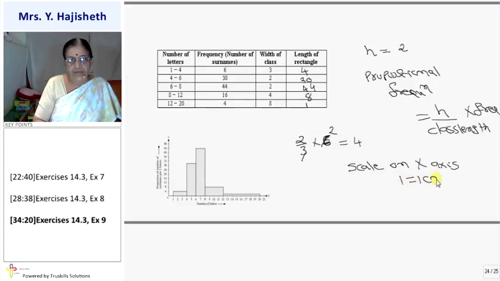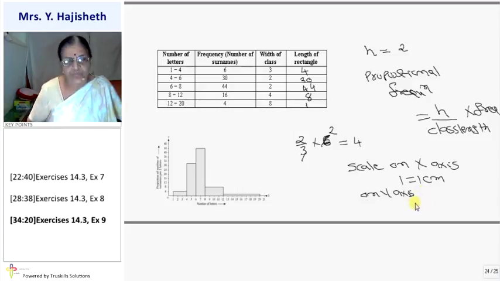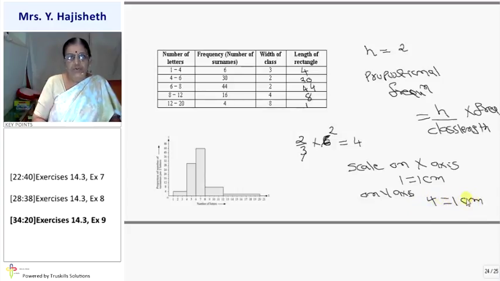One is 1 centimeter. And on y-axis, I think 4 is 1 centimeter. तो पहले में 4 है इसलिए a rectangle with height 1 centimeter and width 3 centimeter is drawn.